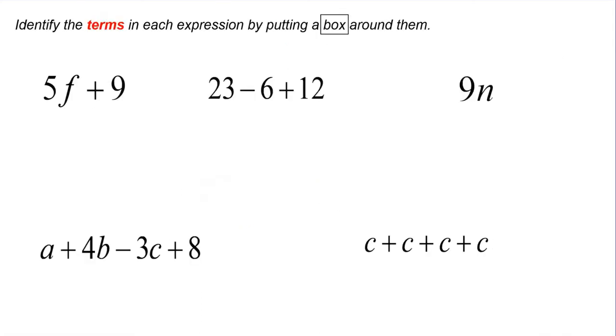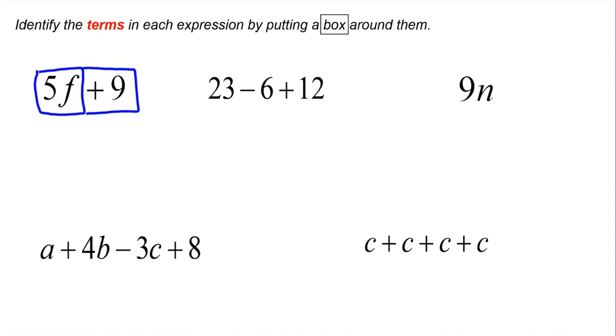So let's take a look at some examples and see if we can identify the terms in each expression by putting a box around them. I like to put boxes around my terms because it makes it clear what the terms are and how many terms there are in the expression. Let's start here: 5f plus 9. There are two terms in this expression. 5f is the first one, and the plus 9, or 9, is the second term.